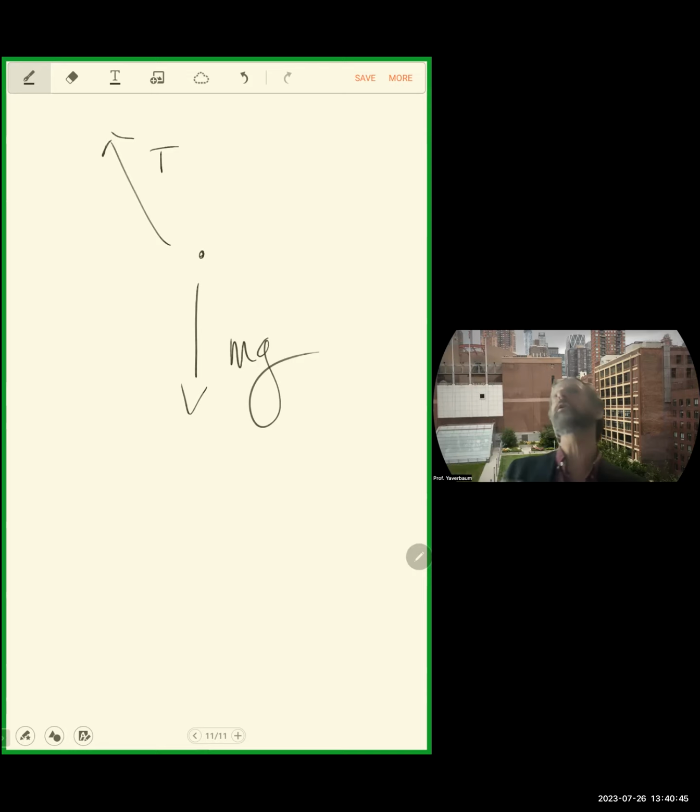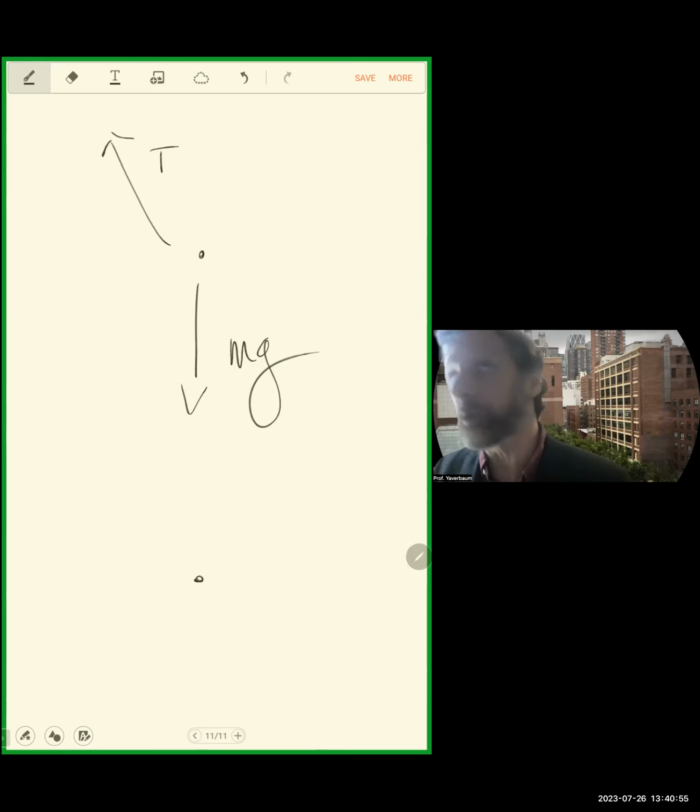We want to break them into centripetal and tangential components, or in other words, radial and tangential components. You may want to take a sentence or two to explain that once you understand it. Tension is pointing purely along the radial line. It's pointing purely centripetally.